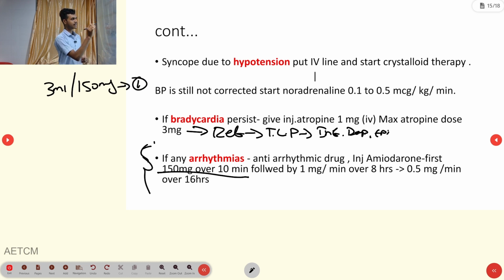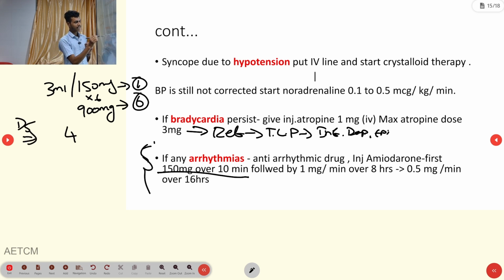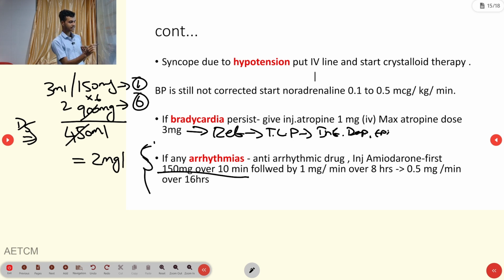Here you have to take 6 ampules of amiodarone, which comes to around 900 mg. For dilution we take 450 ml of dextrose 5%. So 900 mg in 450 ml, each ml contains 2 mg. So 2 mg per ml.